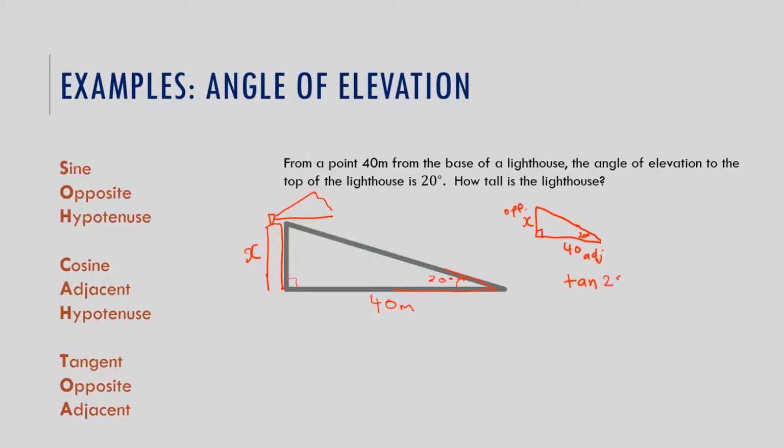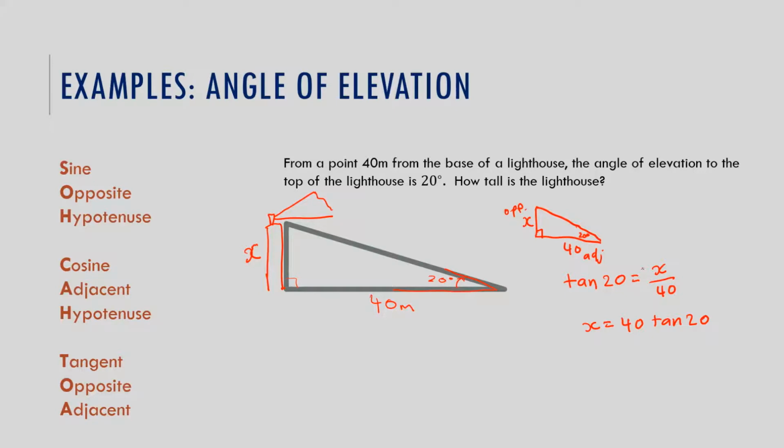So I have tan 20 is equal to my opposite, which is X, over my adjacent, which is 40. So that means my X is going to be equal to 40 times tan of 20. That's just multiplying the bottom value of my fraction up to the top.